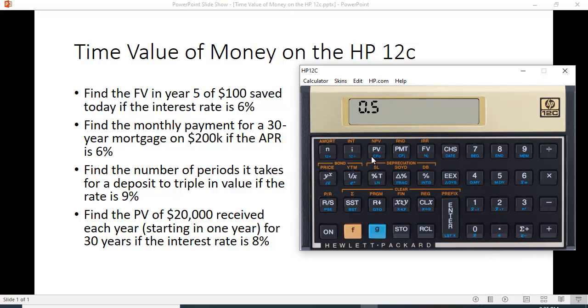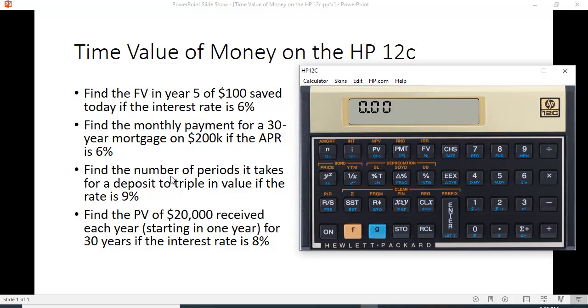The interest rate is 0.5, and the present value, which is the amount of the loan, is $200,000. If we compute the payment, we get $1,199.10.